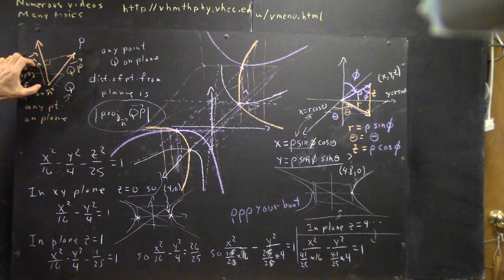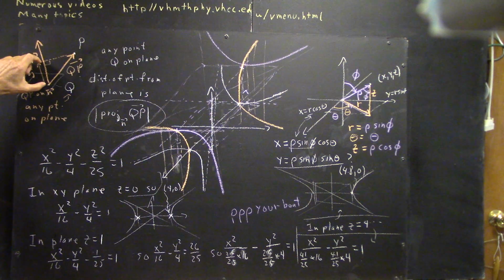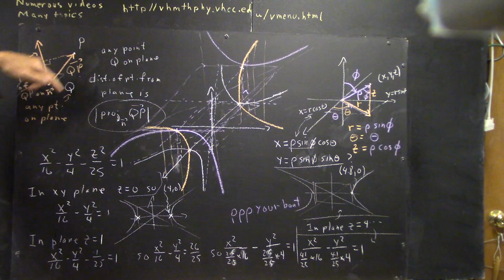So this projection, if we take the magnitude of this scalar projection, or the magnitude of the vector projection if you wish, doesn't matter, we get the distance from the point P to the plane.